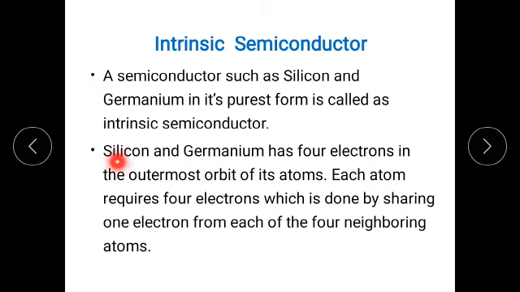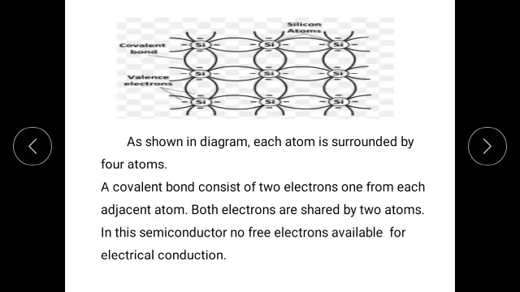And we know that silicon and germanium have 4 electrons in the outermost orbit, and to complete an octet, each atom requires 4 electrons, which is done by sharing 1 electron from each of the 4 neighboring atoms. See this diagram.